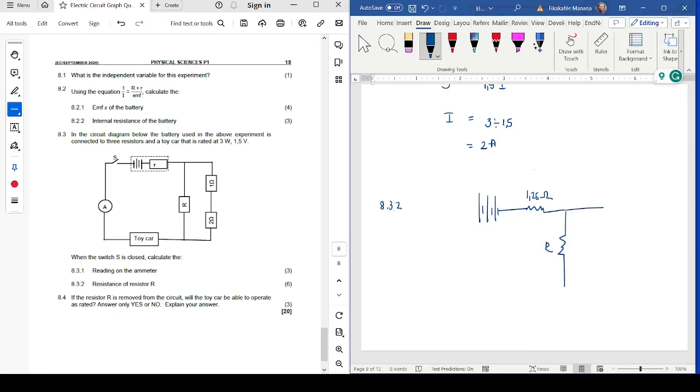Okay, I'm just going to lump up those resistors in series. So this is our 3 ohm resistor. And then we have the toy car. It's going to say TC. And then we have our ammeter here that would measure 2 amperes. Okay, so we have our current there.